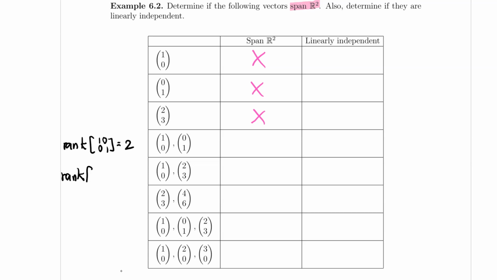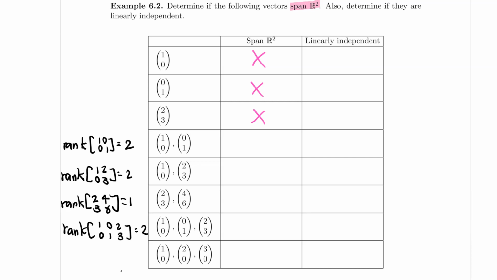The rank of 1, 0, 2, 3 is going to be 2 as well. The rank of 2, 3, and 4, 6 is going to be 1. The rank of the next one, 1, 0, 0, 1, and 2, 3, is going to be 2.